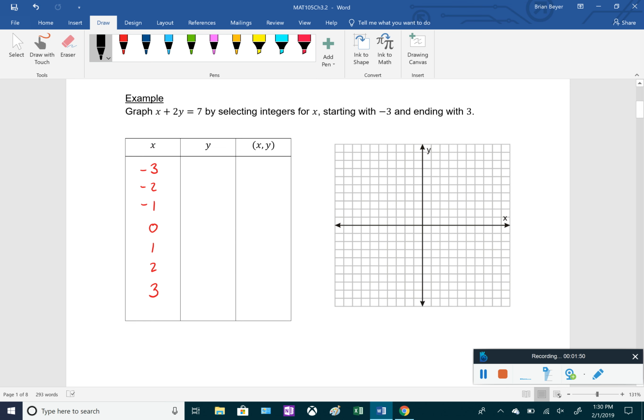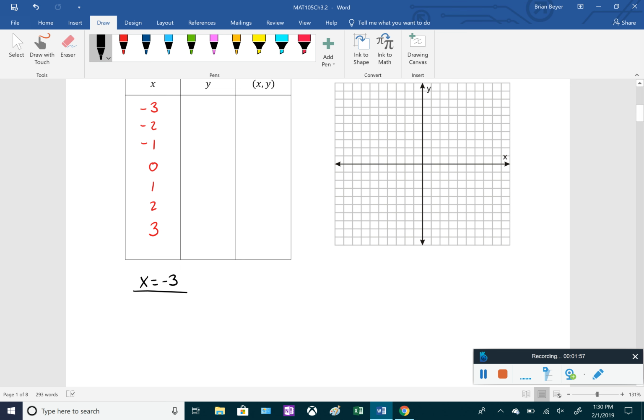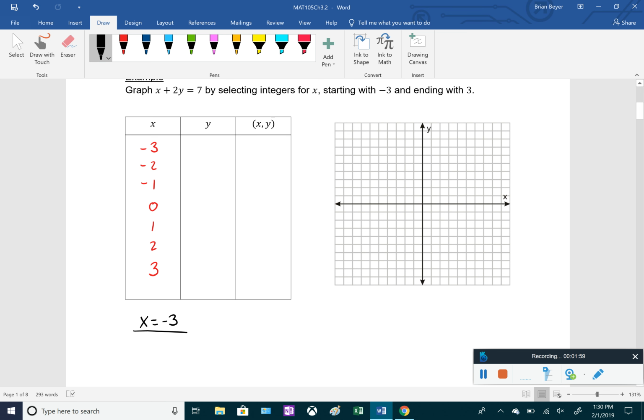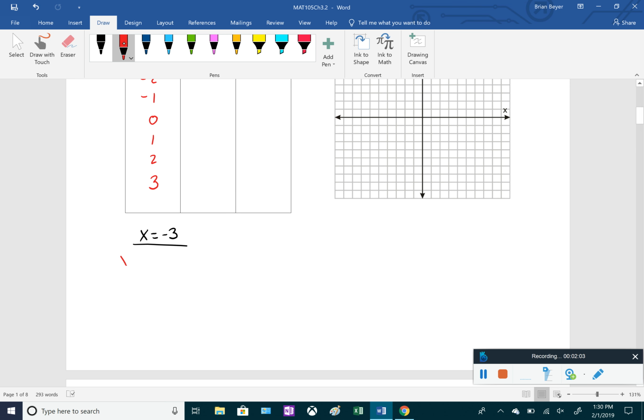So let's start with x equals -3, and we're using x plus 2y equals 7. We're going to plug in a -3 into x and solve this for y.